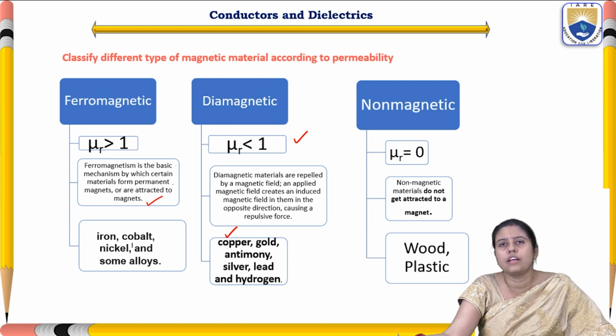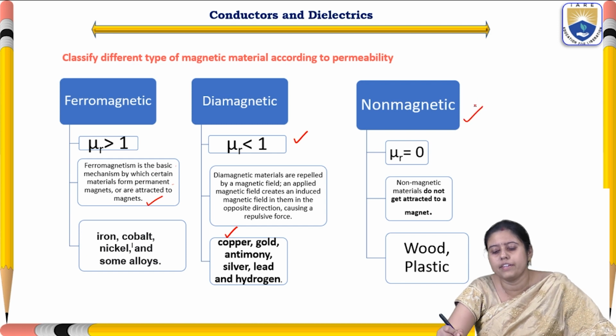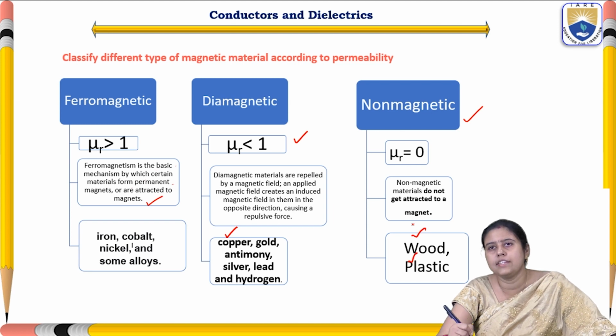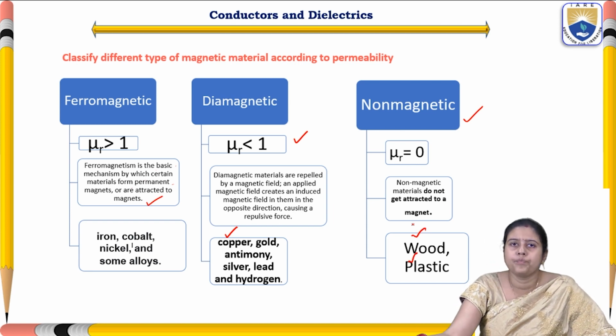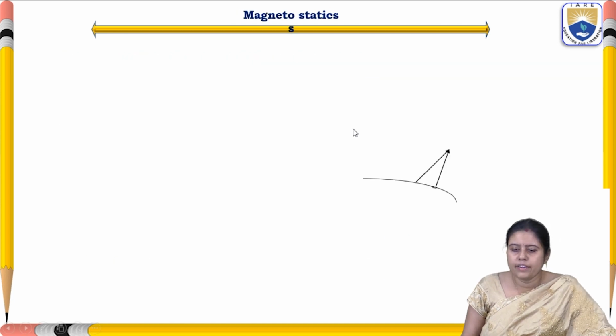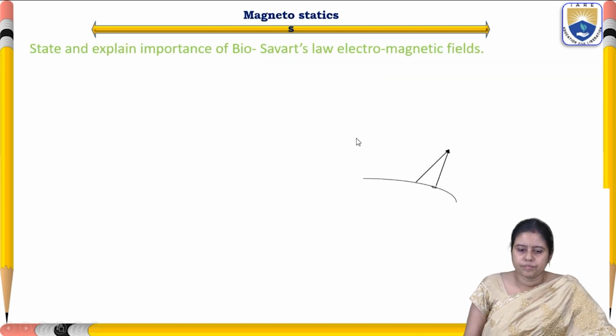So this is known as the non-magnetic material, for which mu r equals 0. And what are examples of non-magnetic material? The non-magnetic materials are wood, plastic, clothes. So these are examples of non-magnetic material.